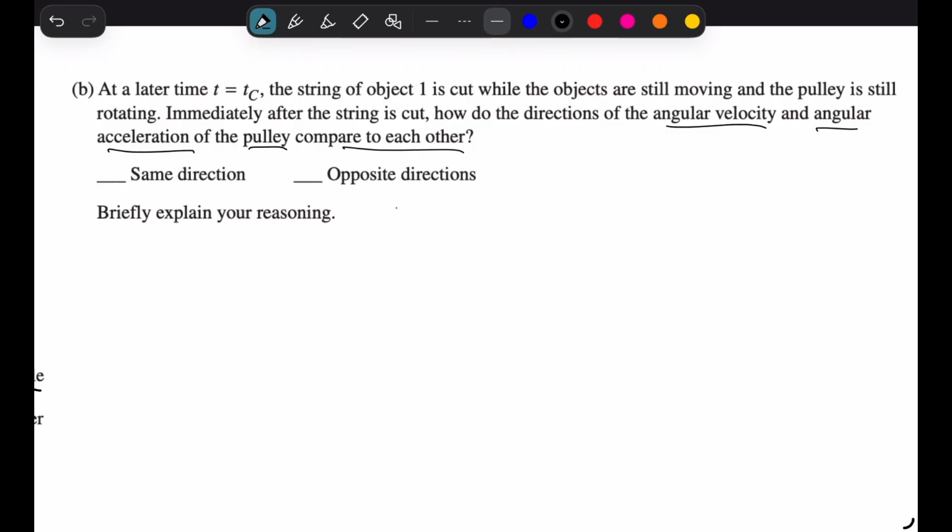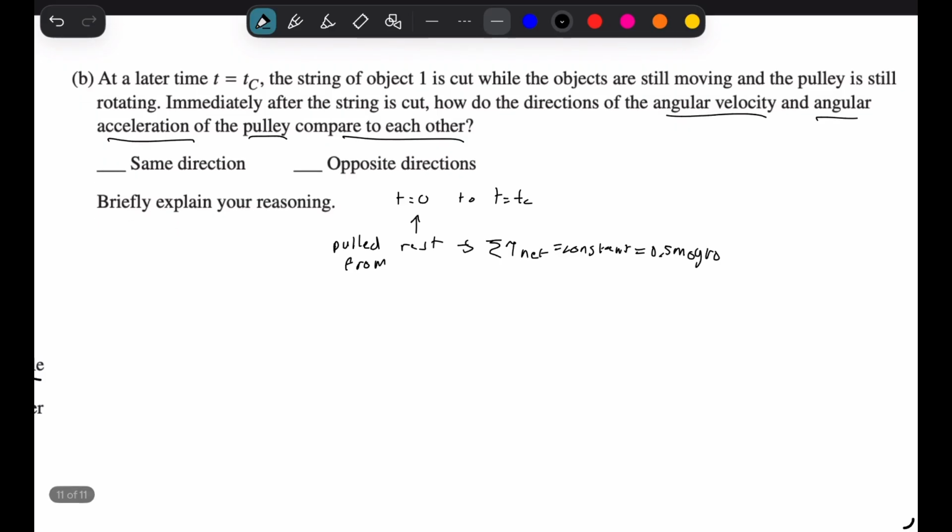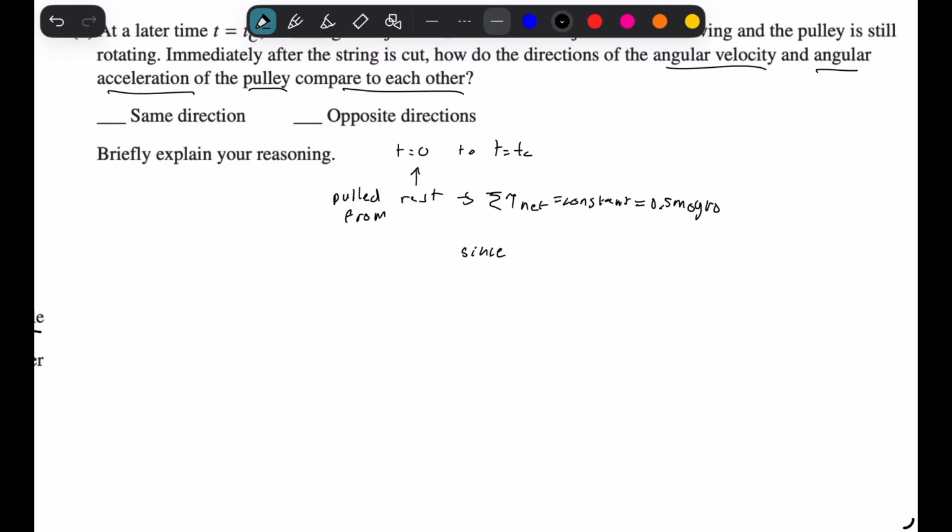So, from t equals 0 to t equals tc, they're pulled from rest. So your net torque is going to be a constant. And since your net torque is equal to I alpha, and I is constant, right? Therefore, alpha is going to be constant too.